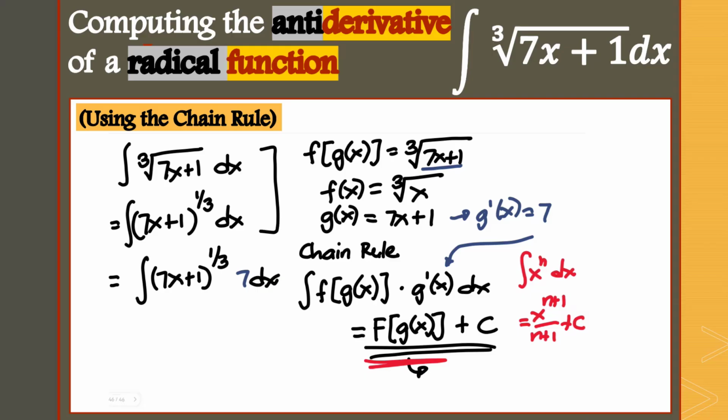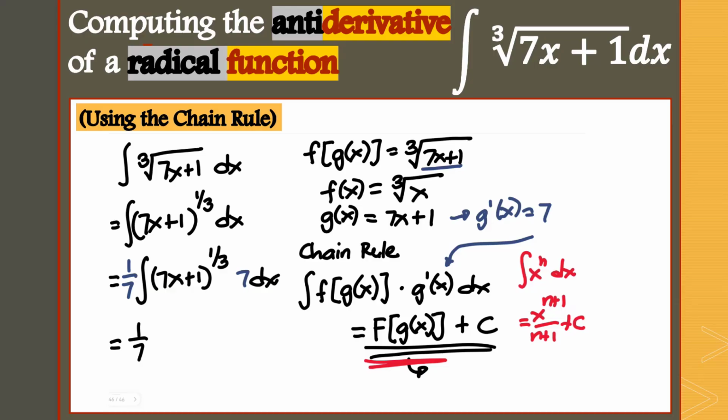So once we include 7, just to make sure the chain rule is possible, we need to neutralize that by having here 1 over 7, so that 1 over 7 times 7 is just the function itself. But of course, for the purpose of the chain rule, we will not be doing that. Instead, leaving 1 over 7 here and integrating now the given function using the chain rule.